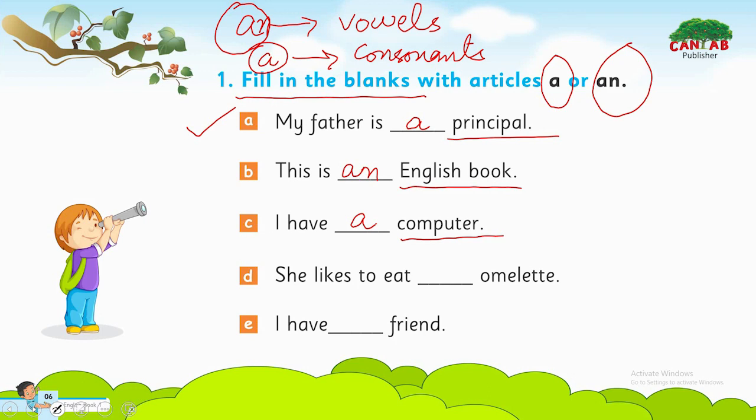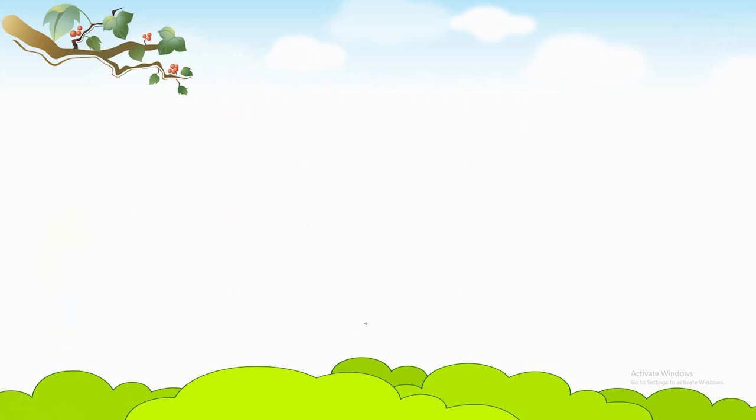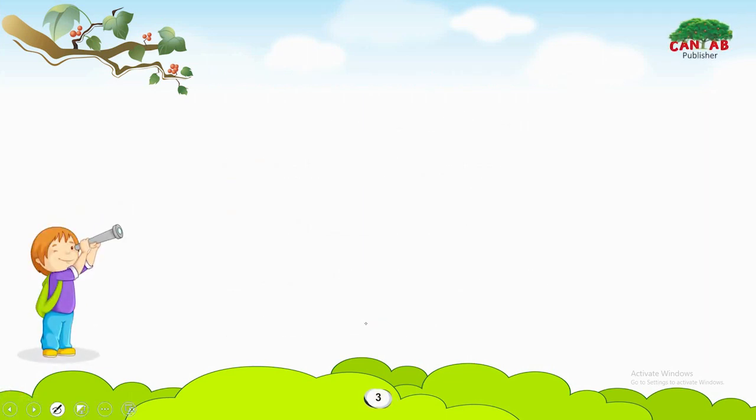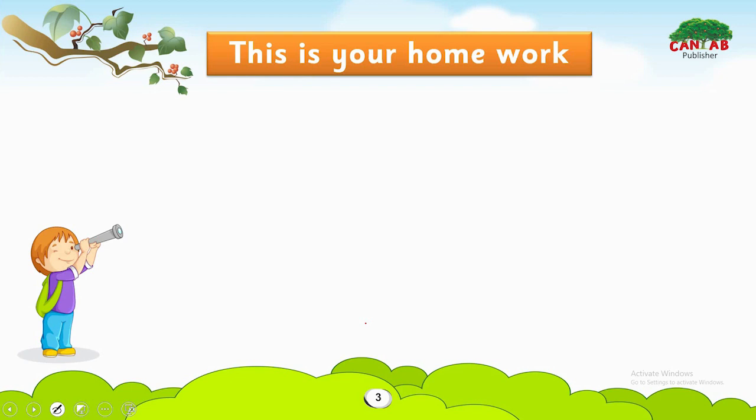Omelette sounds like a vowel, that is why an is standing here. And the last one is, I have dash friend. Friend is not a vowel sound, so here a will come. I have a friend.